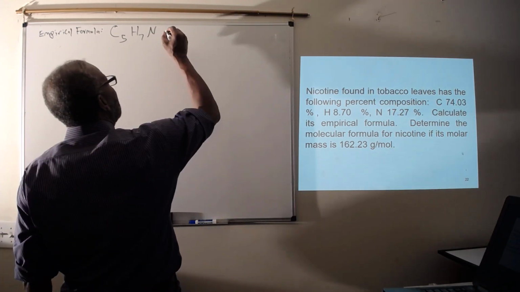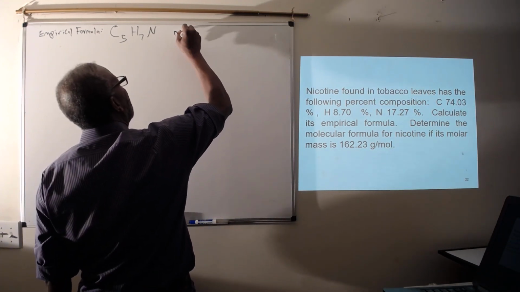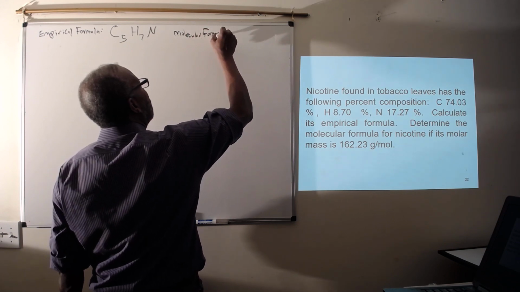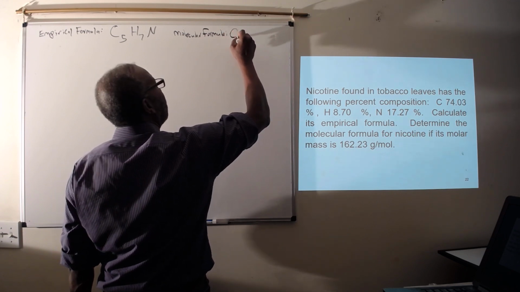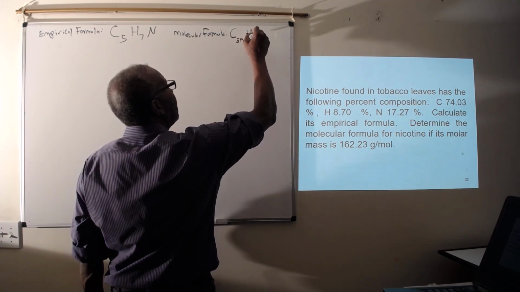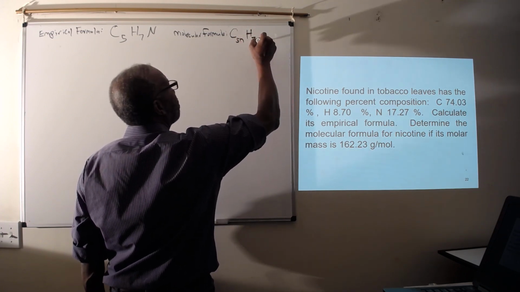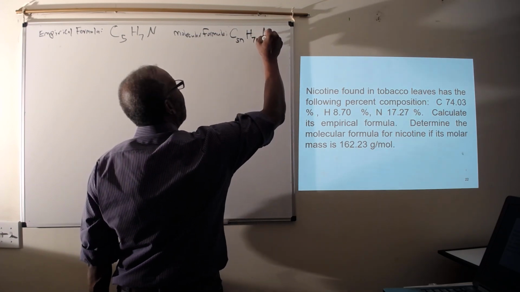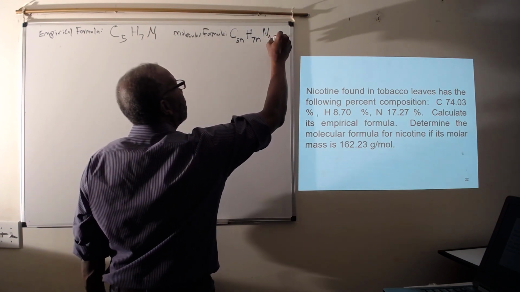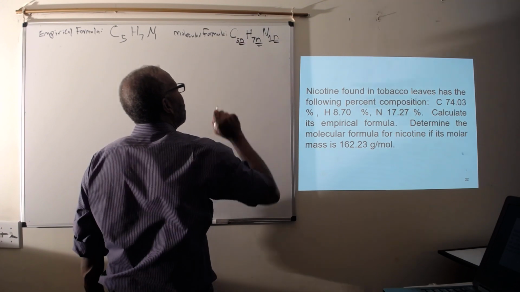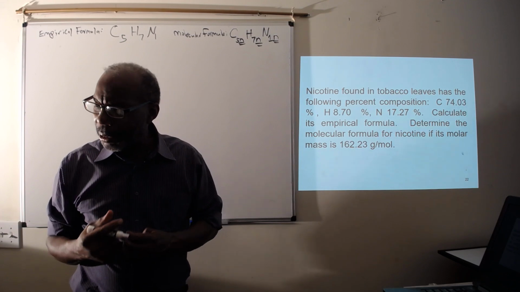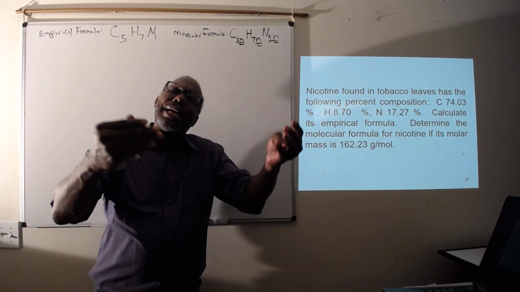So in other words, the molecular formula is C5 times some number n, H7 times some number n, and N, and I'm going to put 1 there because that's understood to be 1 N. So we multiply each of these subscripts by some multiplier n to get the molecular formula. So how do we determine the molecular formula? Well, there are 2 ways we can do that.